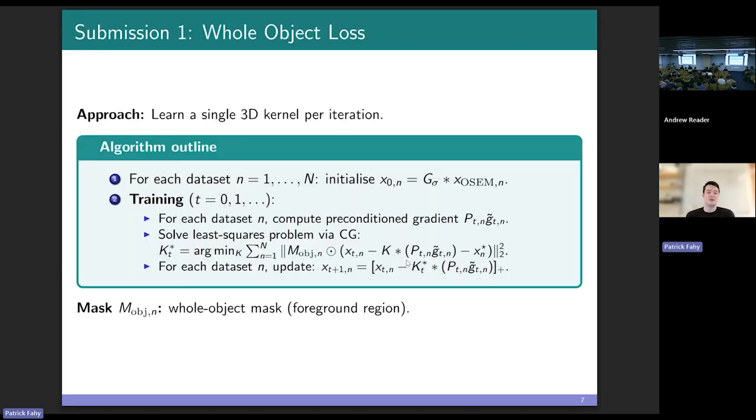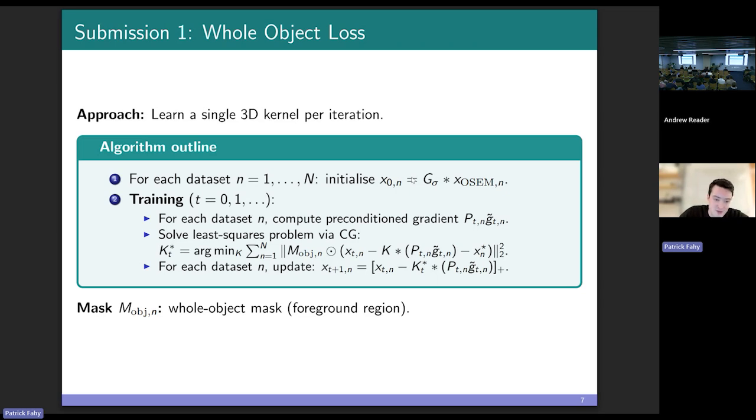Okay. So just to try and explain the training process a bit more. When we consider this whole object loss, we aim to learn a single 3D kernel per iteration. So every iteration we're learning a different kernel, which is applied to all data points. For each data set, we initialize this x0 given by this Gaussian filtering of this OSEM reconstruction.